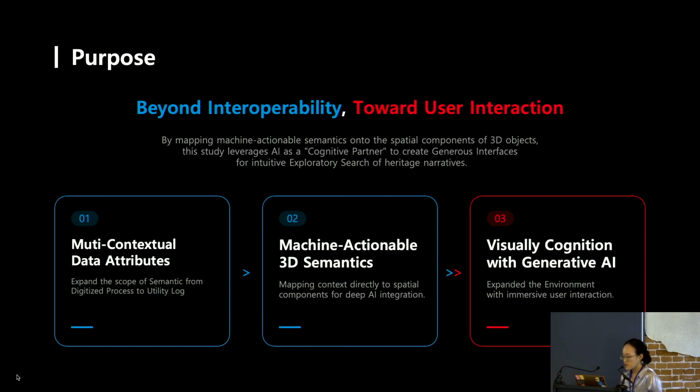Based on this technical and structural background, the core purpose of the research is to present a new dimension of multisensory heritage exploration by combining 3D semantics, generative AI, and IIIF. That means we directly map the semantic context onto the spatial components of the 3D content, and also convert it into a machine-readable state so that AI can immediately understand and infer.